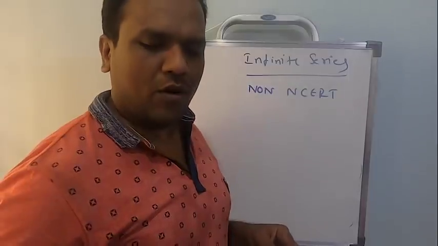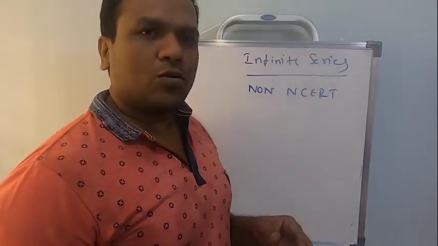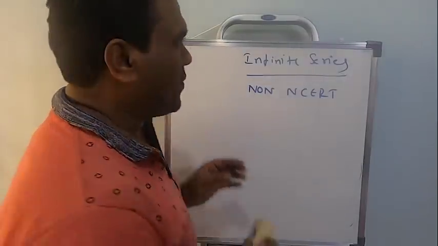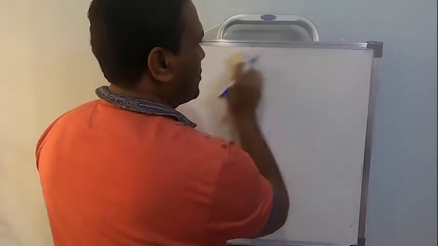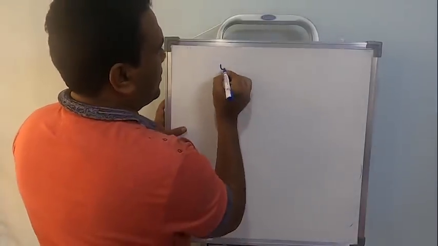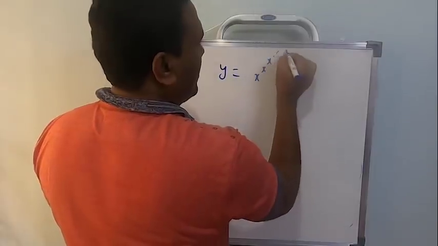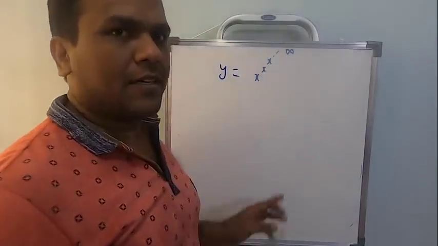Okay, we're not going to learn anything much in depth. So just one or two problems to understand the concept of infinite series. So the first problem they said is y is equal to x bar till infinity.